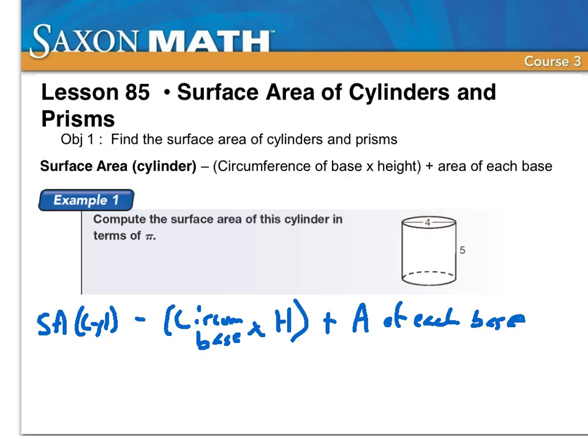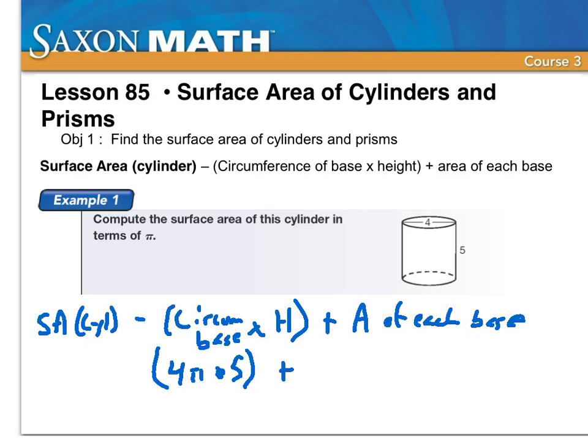So in this case, the circumference of the base is the diameter 4 times pi, and we're going to multiply that by the height of the cylinder, which is 5. Okay, so 4 pi times 5, plus the area of each base.